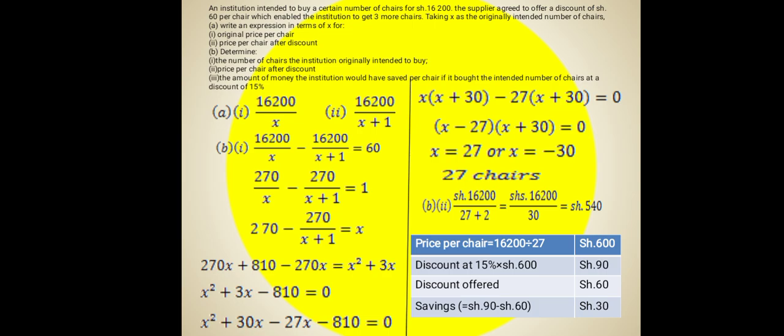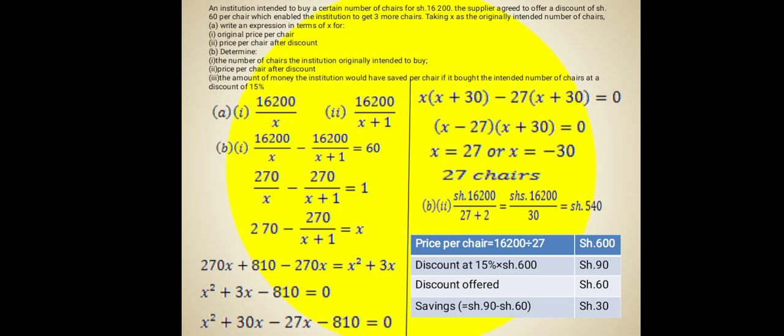Here we shall have 16,200 divided by x minus 16,200 over x plus 3 should be equal to the discount. It means if we take the price of the chair as it was sold originally and the price per chair after the discount, we should get that discount of 6.